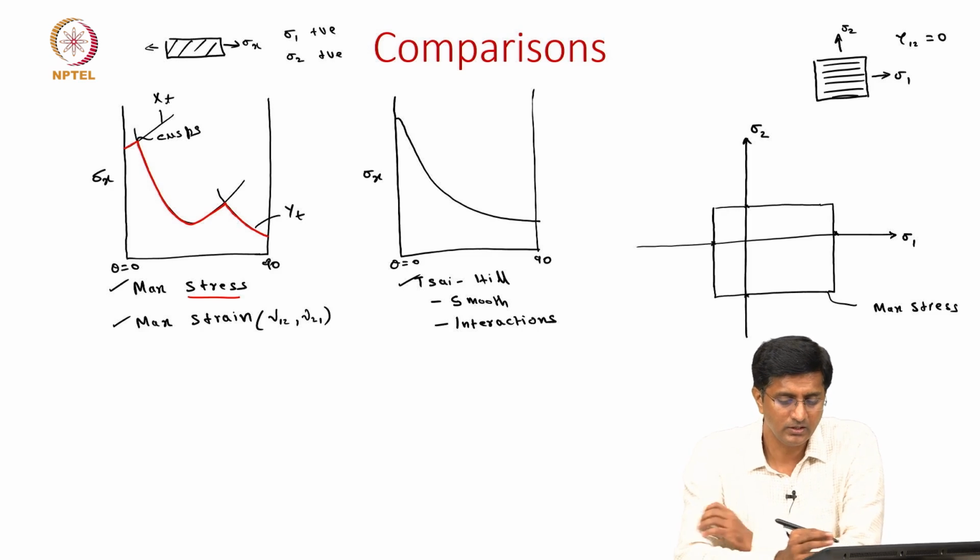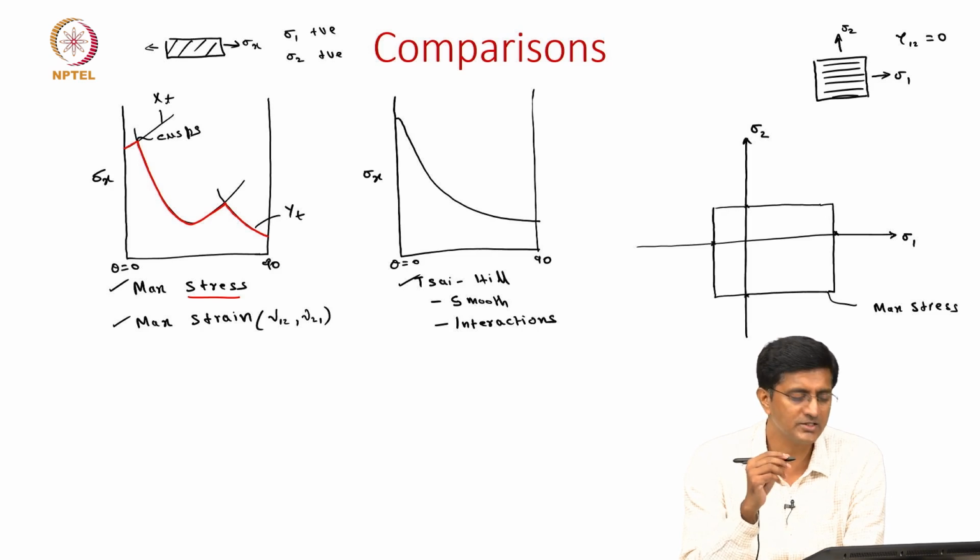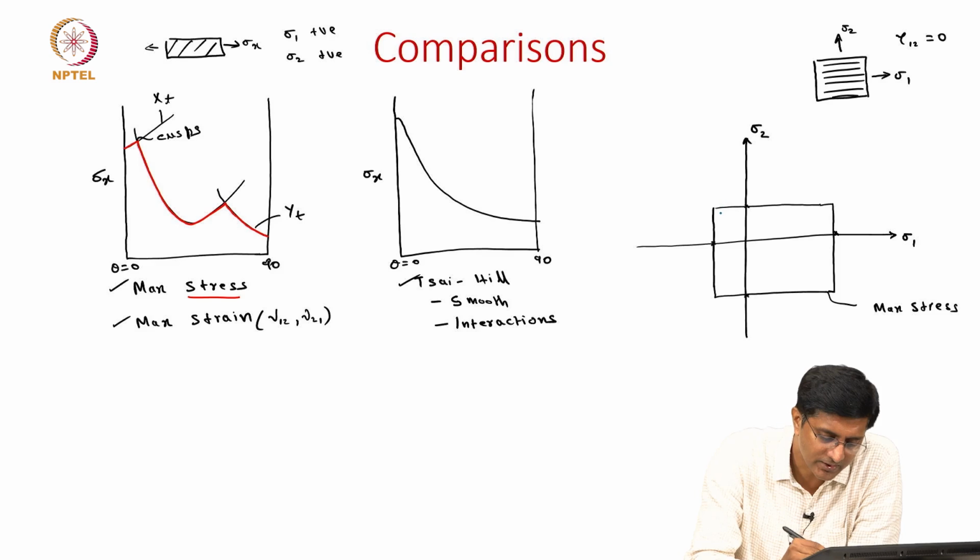Now let's show how the maximum strain looks. For maximum strain, the lines are neither horizontal nor vertical. The reason is because of the Poisson ratio, there is an inclination. Let's try to capture that inclination here.